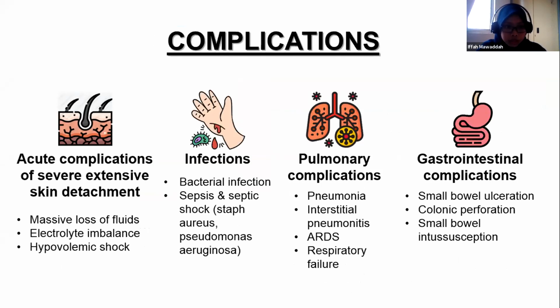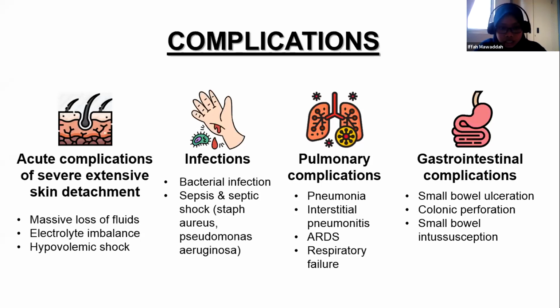Second one is patients with SJS are at higher risk of bacterial infection and septic shock, most often caused by Staphylococcus aureus and Pseudomonas aeruginosa, and these are the main causes of death in this patient. Next is pulmonary complications such as pneumonia, interstitial pneumonitis, acute respiratory distress syndrome, and also acute respiratory failure.